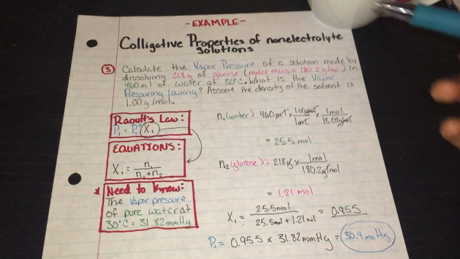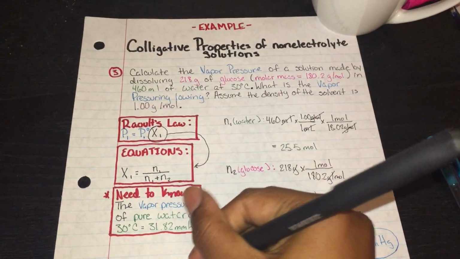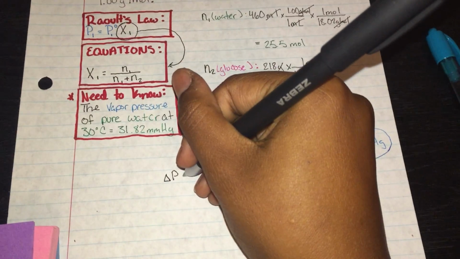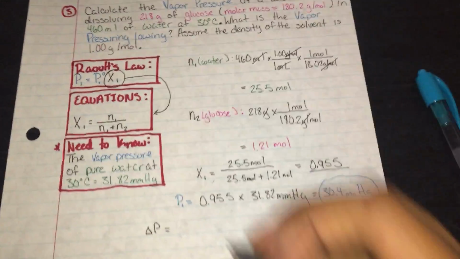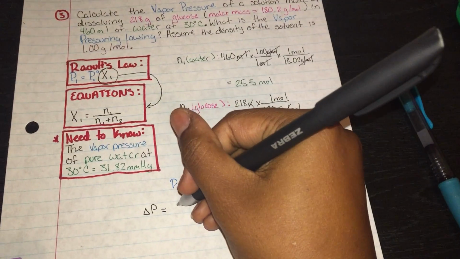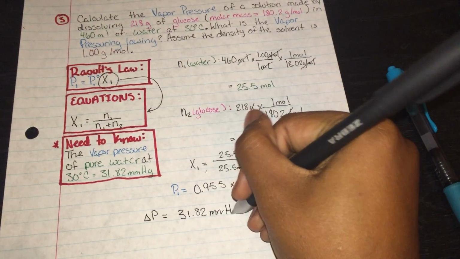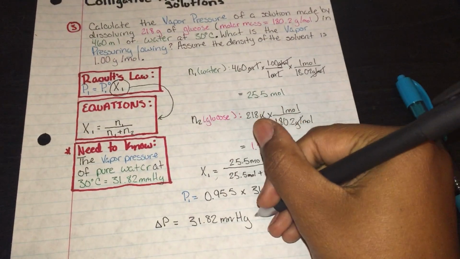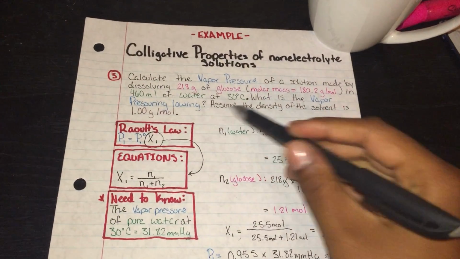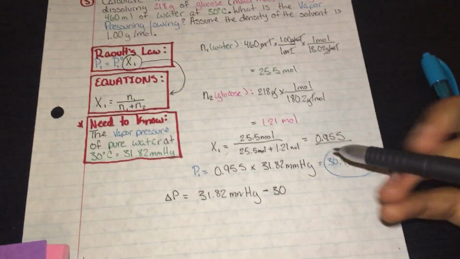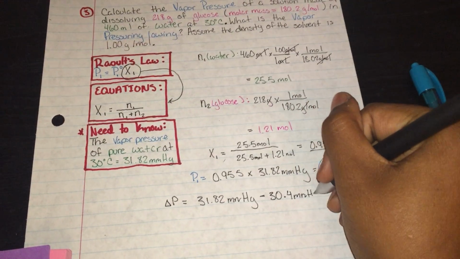But the problem also asks us to find the vapor pressure lowering. Vapor pressure lowering could be expressed as delta P, and to find that, we simply take the vapor pressure of pure water, which is 31.82 millimeters of mercury, and subtract the vapor pressure of the water that has glucose dissolved in it, which is 30.4 millimeters of mercury.